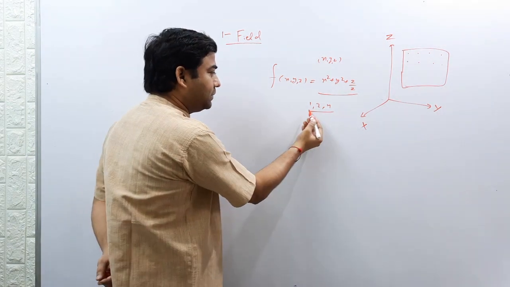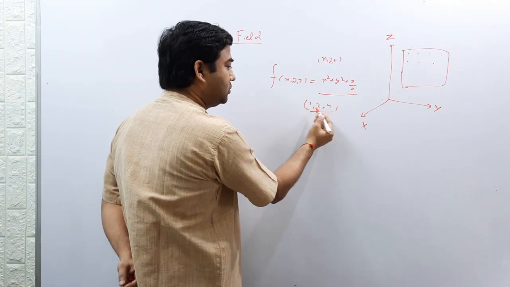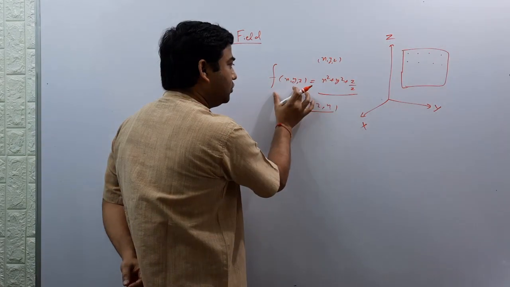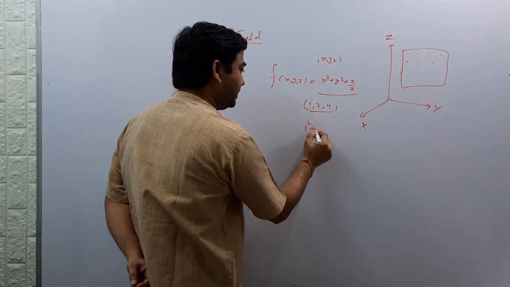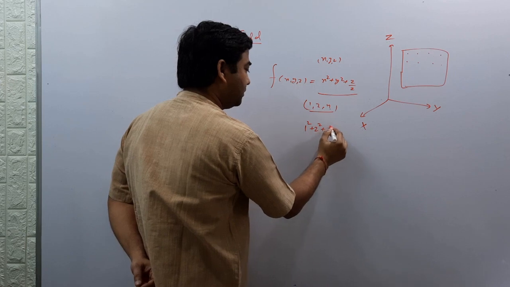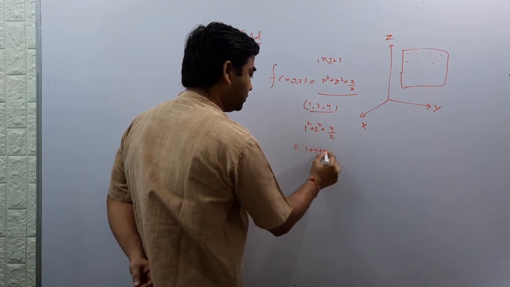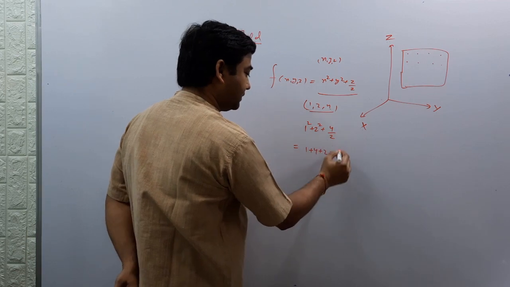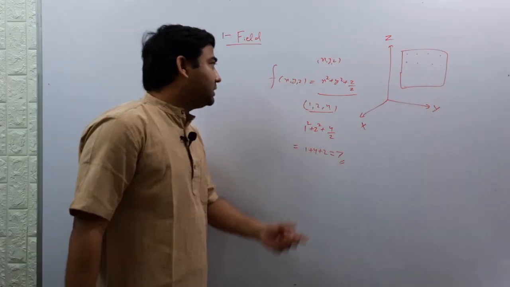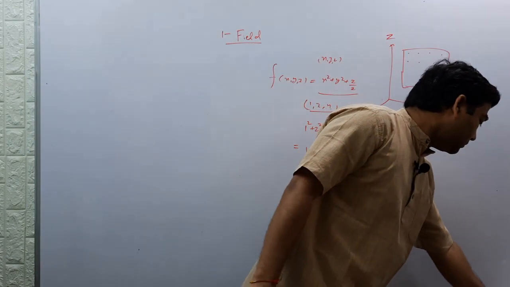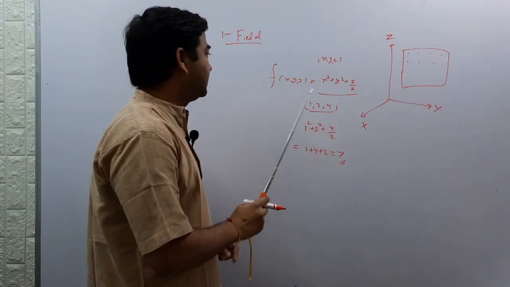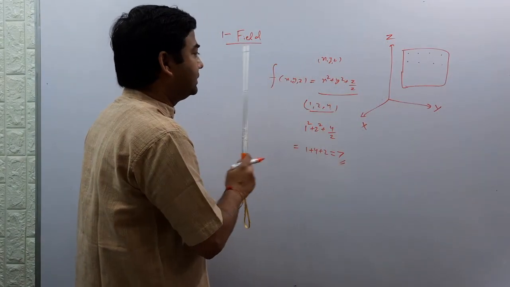For example, at point (1, 2, 4), the value of the scalar function is 1 squared plus 2 squared plus 4 by 2, which is 1 plus 4 plus 2, equal to 7. So this is a scalar function representing a scalar field.